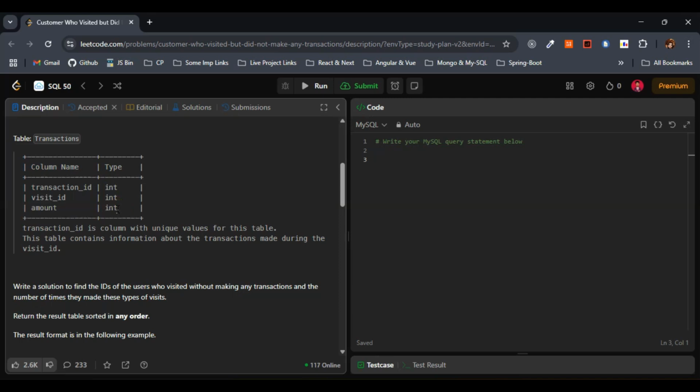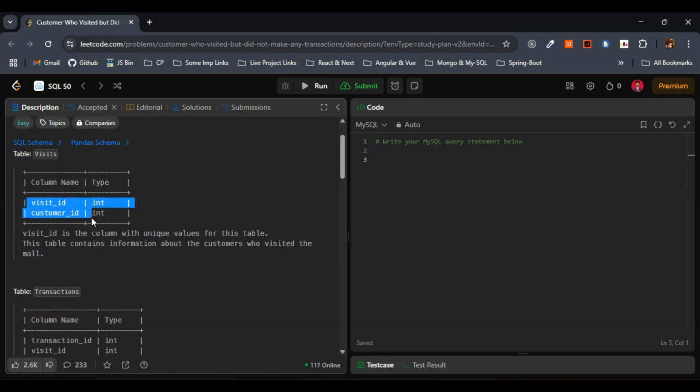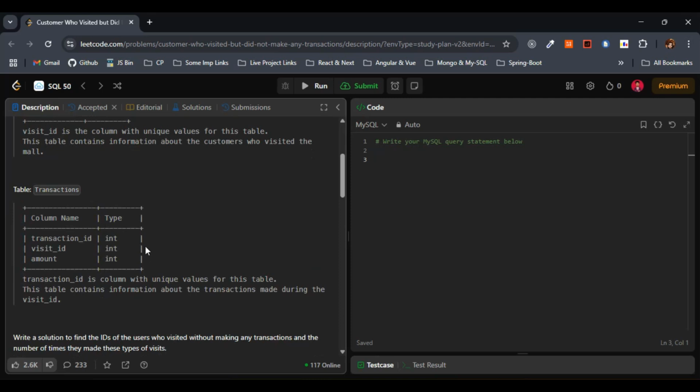One more thing: our goal is to find the customers who visited the mall but did not make any transactions. And we need to count the number of such visits for each customer.